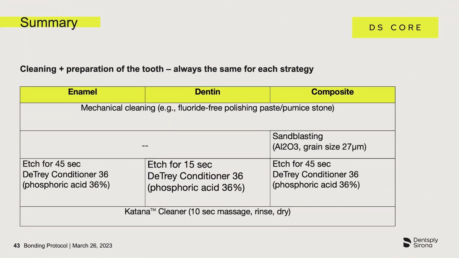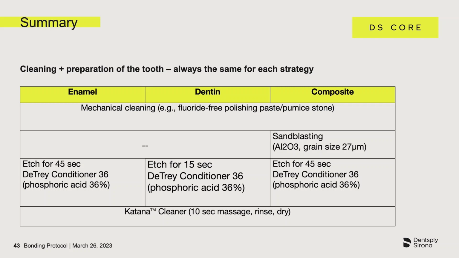We briefly repeat the cleaning of the tooth in the form of a table. Basically, the entire tooth is cleaned of impurities with a fluoride-free polishing paste or pumice. Large composite buildups should be sandblasted in any case. Then, selective enamel etching is carried out for approximately 45 seconds with a 36% phosphoric acid.